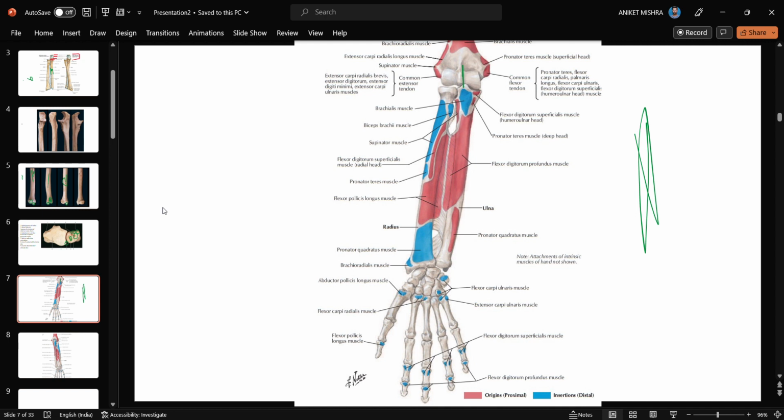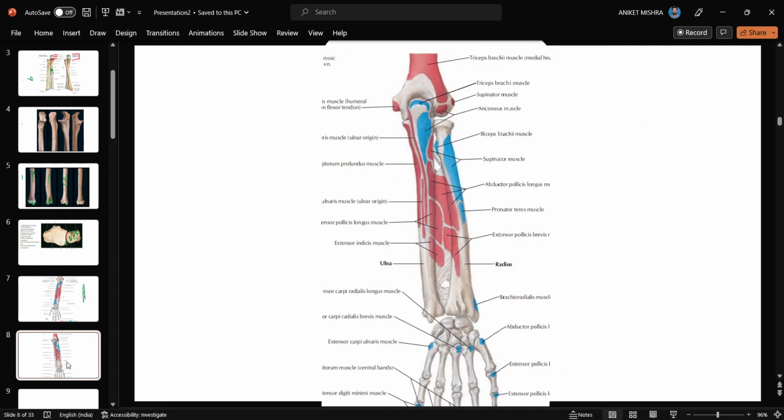Starting from the upper end, in the posterior view, we see the triceps brachii muscle, which inserts into the rough posterior part of the superior surface of the olecranon, at the posterior surface of the olecranon of the ulna.